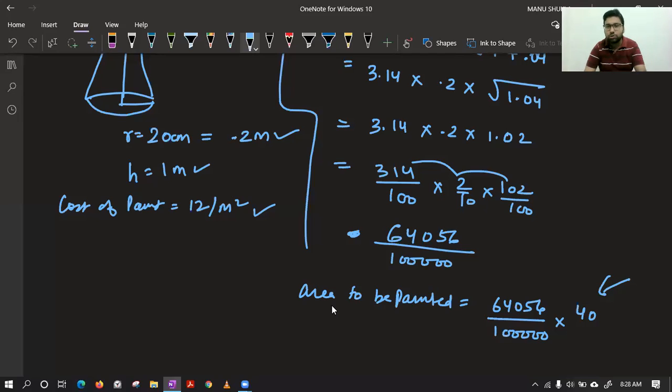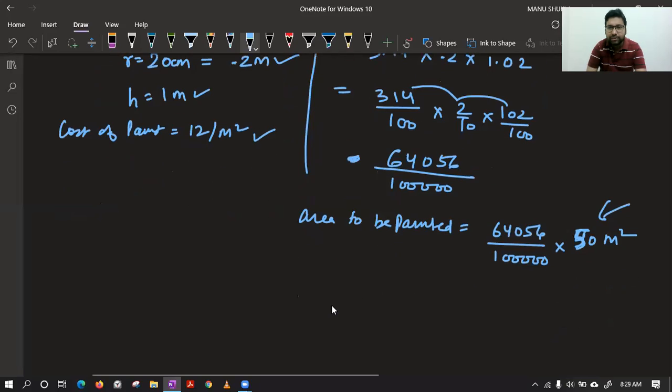Now this will be the curved surface area. The cost per meter square is how much, class? The cost per meter square is rupees 12. So we will multiply this complete thing by 12 also.